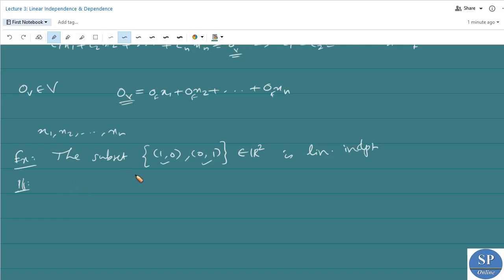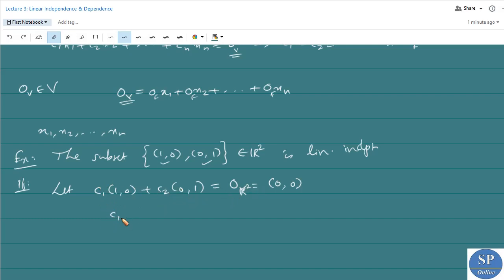First we consider the linear combination equal to 0. So let c1 into (1, 0) plus c2 into (0, 1) is equal to 0. Here 0 means 0 in V, which is R2, so this is (0, 0). So we suppose that this linear combination is equal to 0, and we have to show that c1, c2 are zeros.